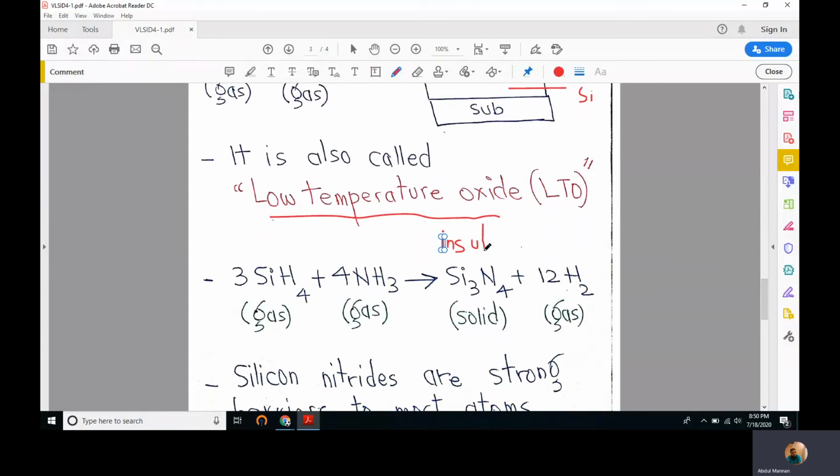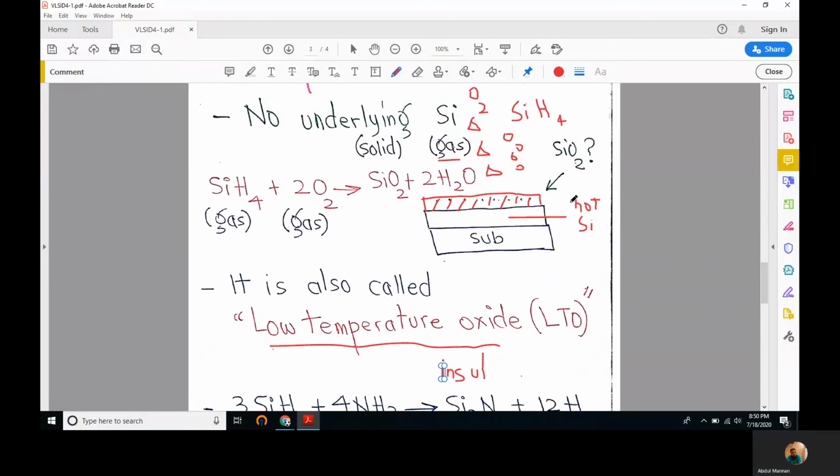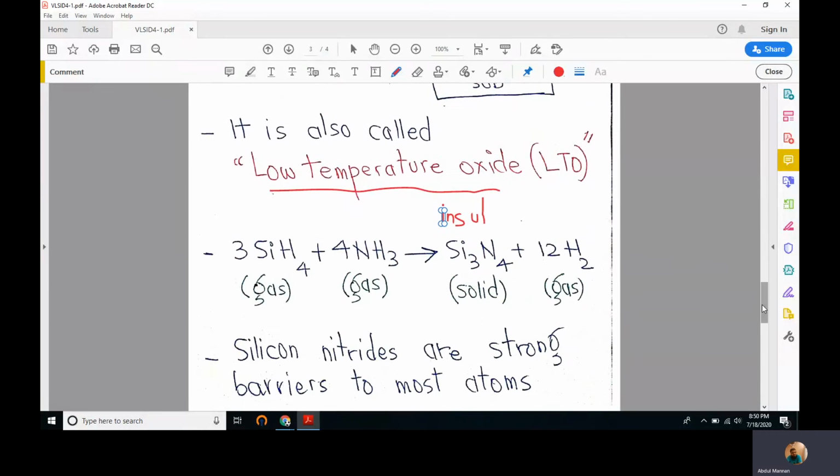To convert this top layer into silicon nitride, we use silicon hydride in the presence of ammonia gas, NH3. Silicon hydride reacts with ammonia gas, converting this top layer into silicon nitride, and hydrogen gas is emitted.